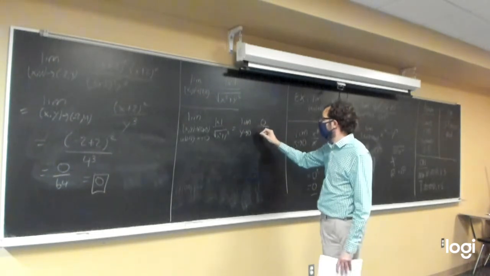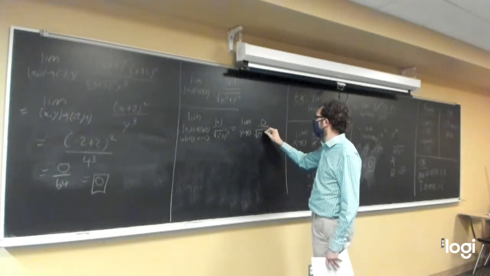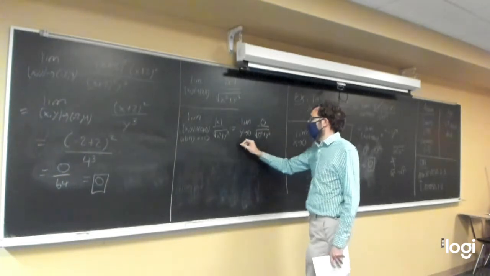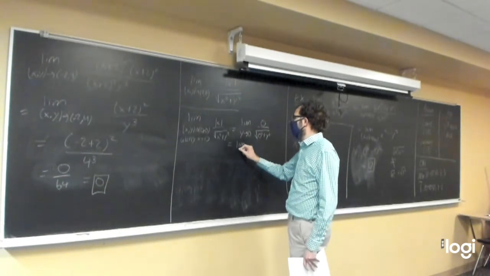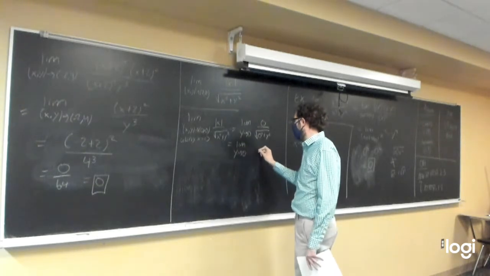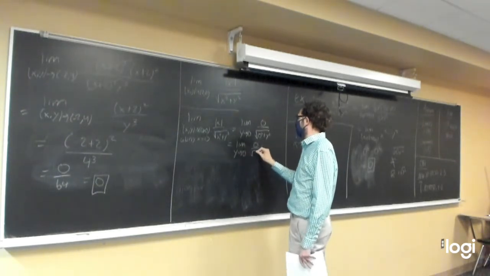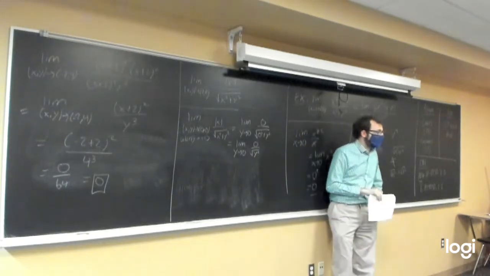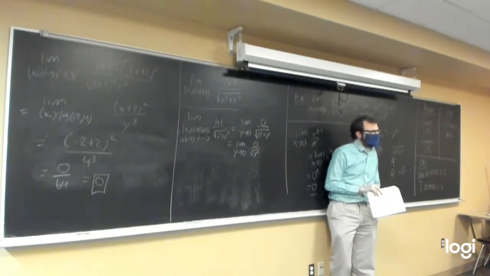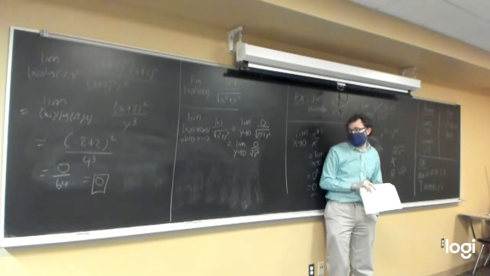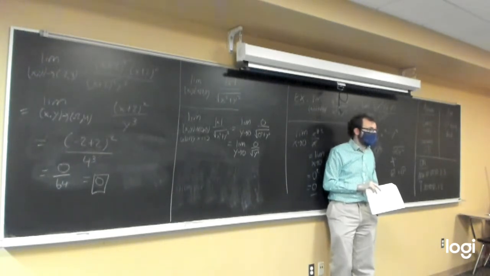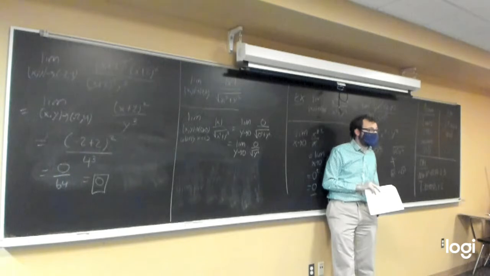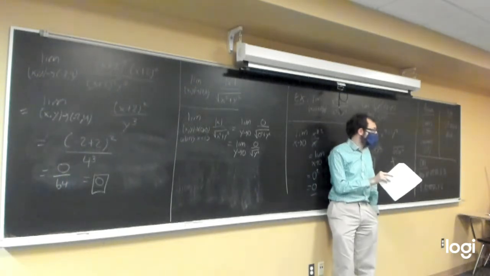We'll get 0 over the square root of 0 squared plus y squared, which is the same as the limit as y goes to 0 of 0 over square root of y squared. And what is that going to come out to? We're going to try and take a limit as y goes to 0 of plain old 0 over square root of y squared. There? Why is that?